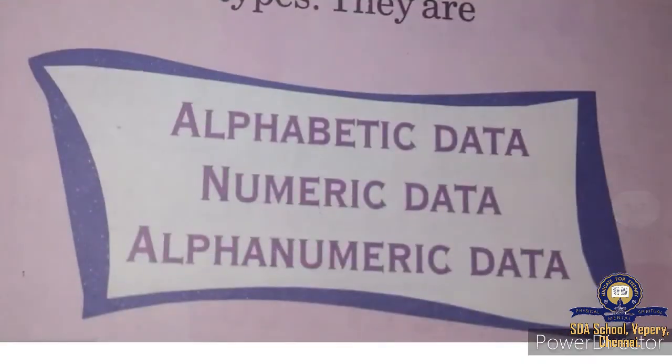So we learned the three types of data: alphabetic data, numeric data, alphanumeric data. For example, if I want to type apple, A-P-P-L-E, all are alphabets.